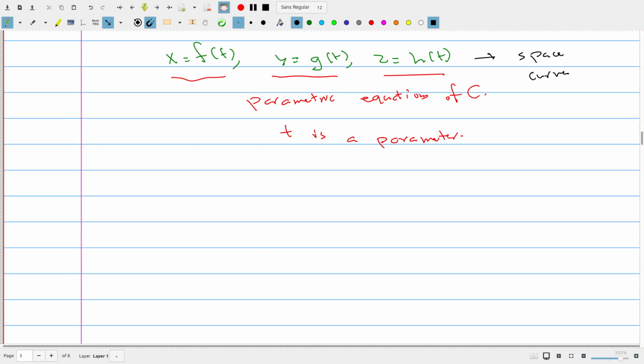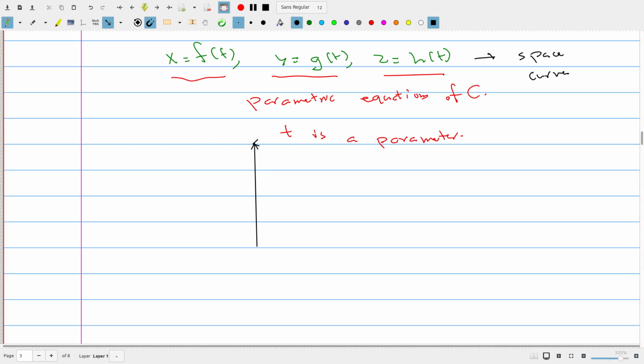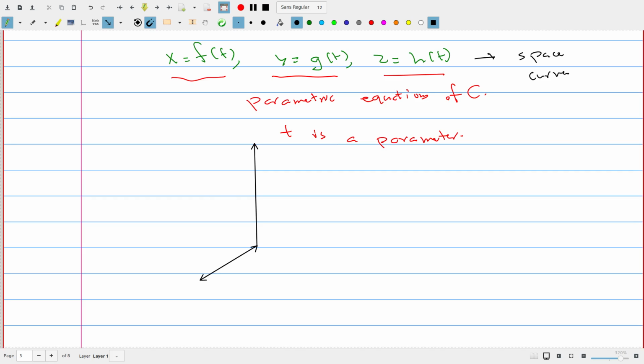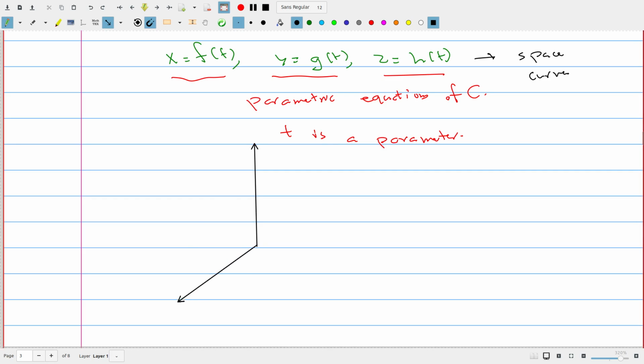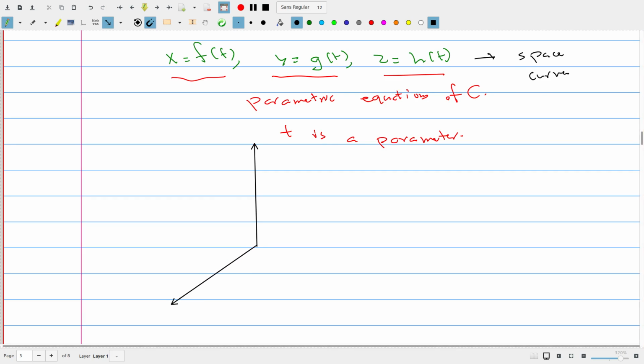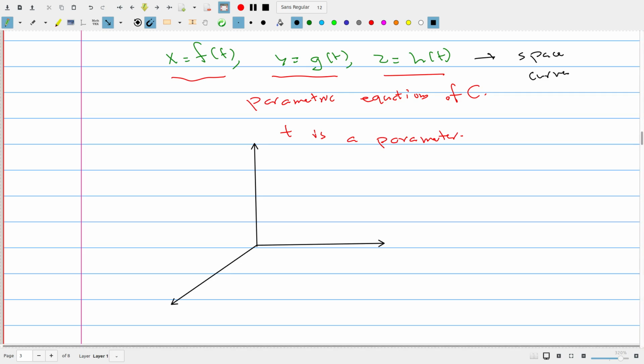Okay, let's draw the x, y, and z axes first. So that's the z-axis, x-axis, y-axis.